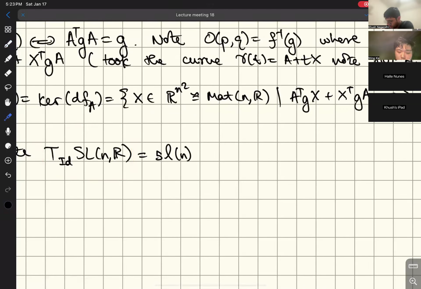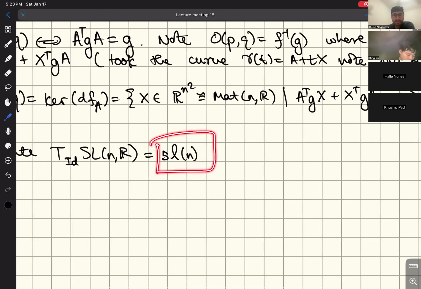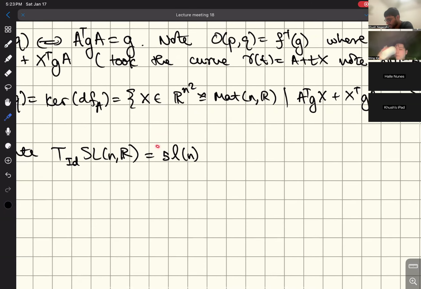If you remember what the Lie algebra of a Lie group was, this is actually the Lie algebra of the special linear group. But one thing we required for the Lie algebra was a bracket. We needed a Lie bracket. So that's why I will not call it sl_n(R) for now. I'll stick to this, and then when we define the Lie bracket on it, I'll switch to calling it this.